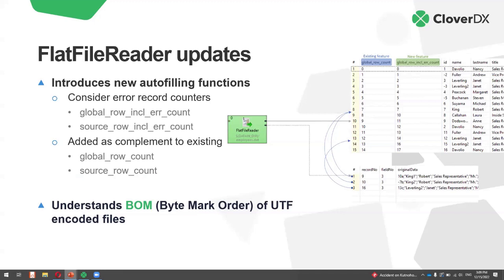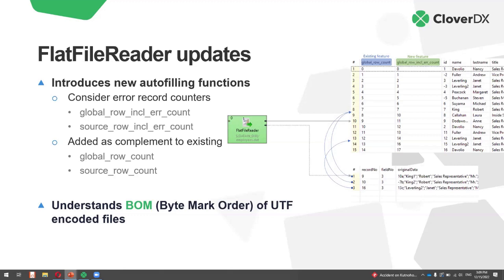So I was talking about FlatFileReader updates. We added 2 new autofilling functions, global row including error count, and the same thing for source. This is actually a complement to existing functions, global and source row count.